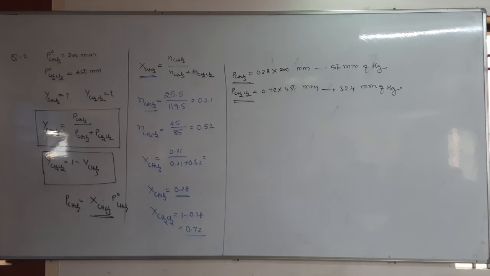Got it? Okay, listen once again, all of you. In the question, what have they given? P naught chloroform is given, P naught dichloromethane is given, and the mass of chloroform and the mass of dichloromethane are given. We need to calculate Y1, Y2, that is the mole fractions in vapor phase, and one more thing is the total pressure of the solution.